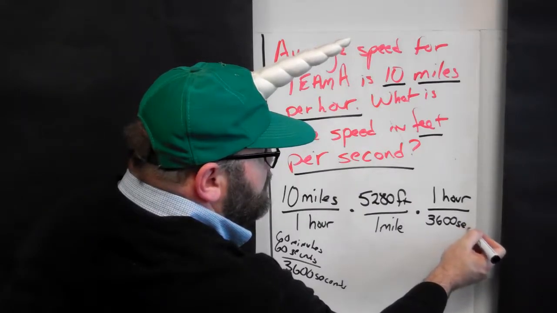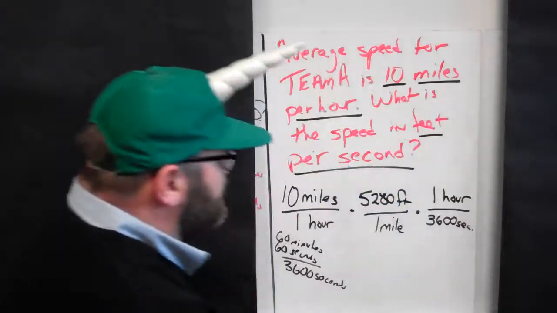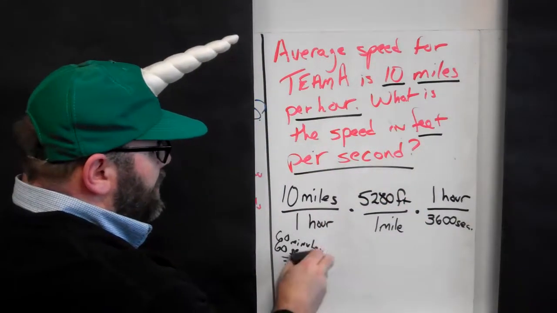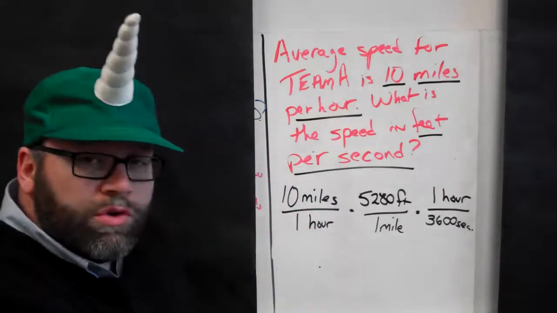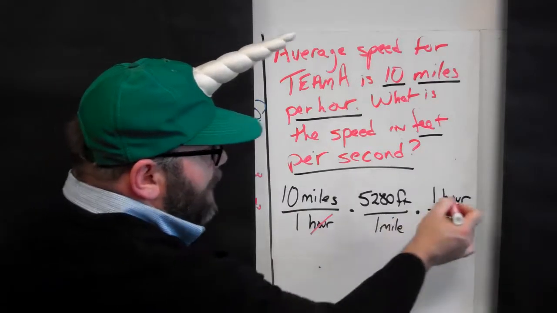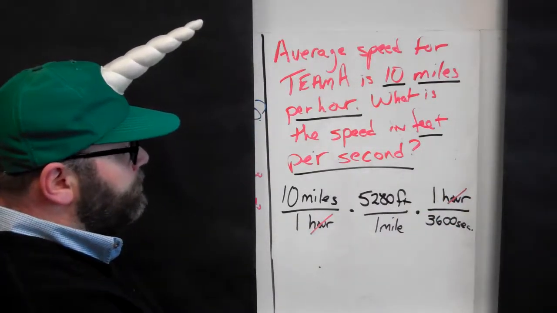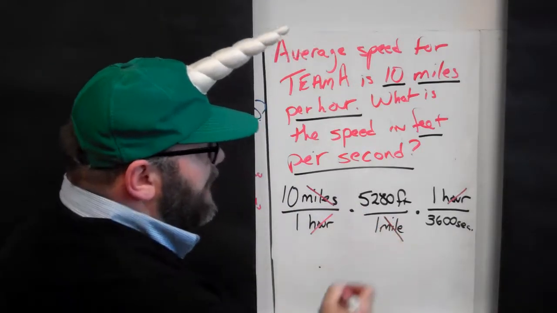There we go. Now when you look at this, we've got some cross-canceling to do here, or cross-simplifying as some of us call it. In units first, I see I've got an hour in the denominator and an hour in the numerator. I've got miles in the numerator and miles in the denominator.